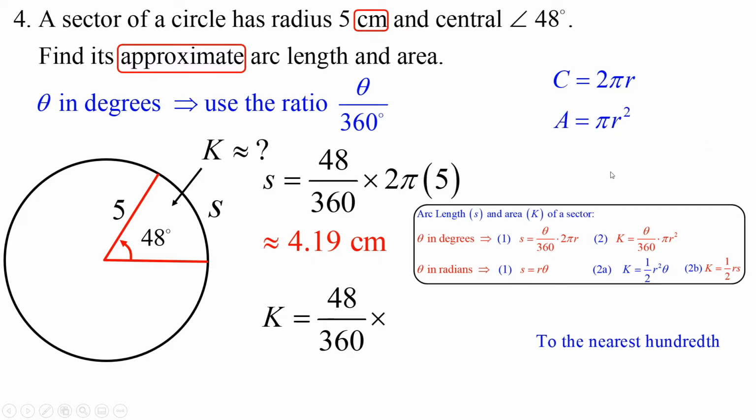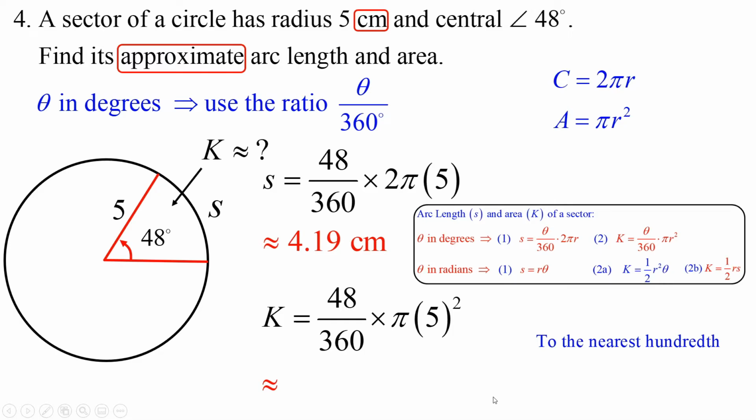There's a little reminder there, and by the way, it's in your formulas down here too. So pi times the radius squared, and the radius is still 5. And again, we're going to approximate this, so we're going to punch all that out, including the pi, and decide what we want to round to.